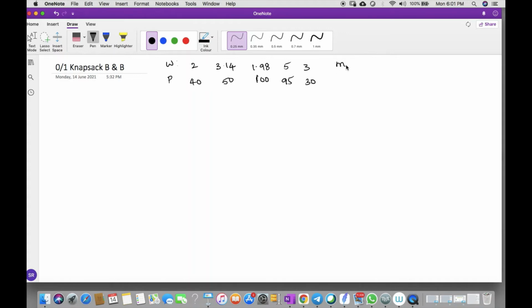Let M be 10. So I'm just reducing the weights by a factor of 10 as compared to the earlier example.